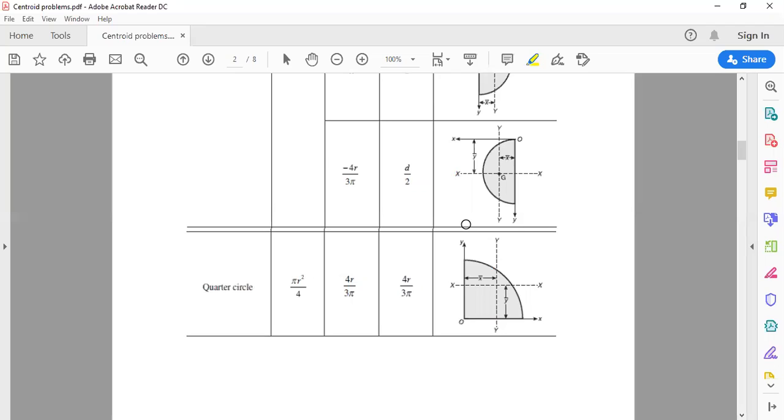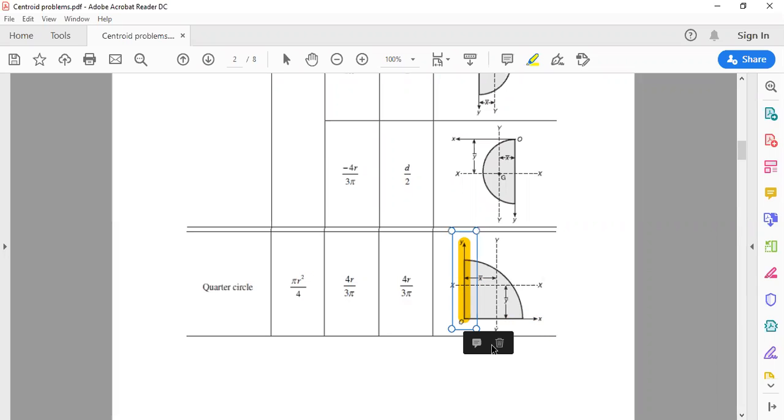Finally, we will conclude with the distance of quarter circle. So you can see that in this quarter circle, you have reference y-axis and reference x-axis, and the quadrant of a circle is placed in the first quadrant.